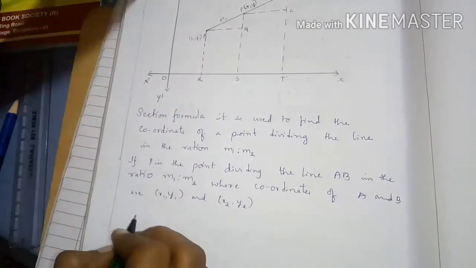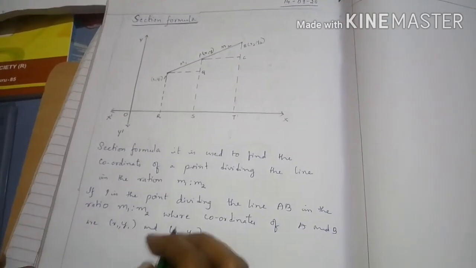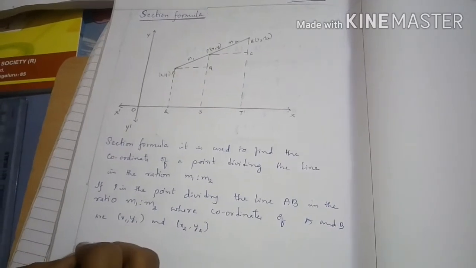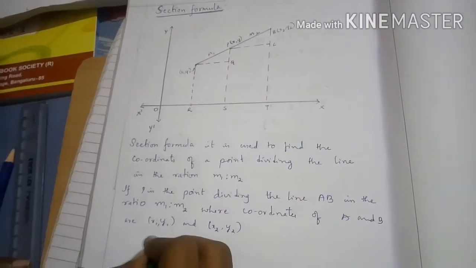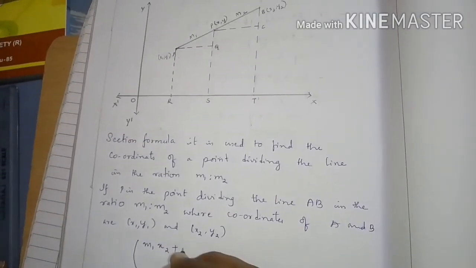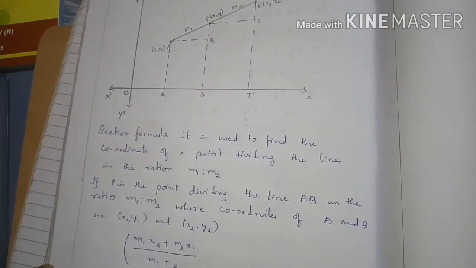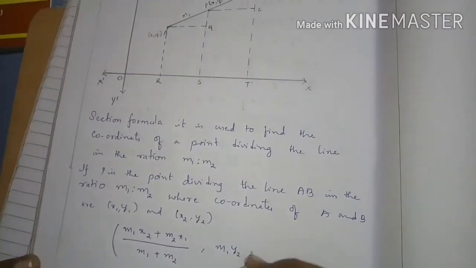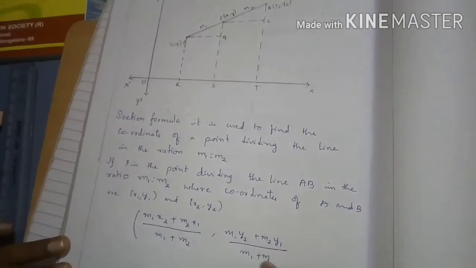Now the section formula is given by m1 x2 plus m2 x1 divided by m1 plus m2, comma, m1 y2 plus m2 y1 divided by m1 plus m2.